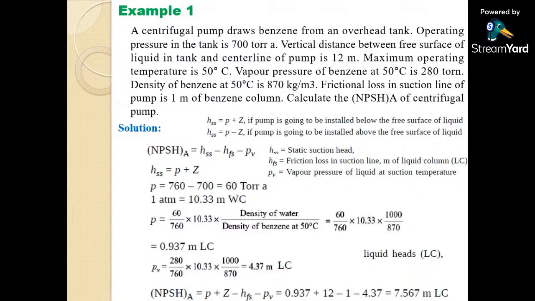Now this HSS evaluation is a critical job. Frictional losses you can easily determine from the length of the pipe and the diameter of the pipe, and from the properties of the liquid. It is just like what we have already learned in process pipeline design.